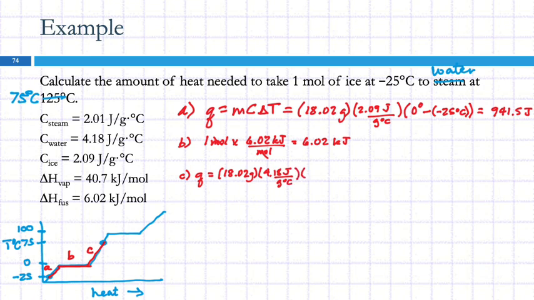And then the temperature change is we're going from 0 up to 75. So that's 75 degrees minus 0. So 18.02 times 4.18 times 75.